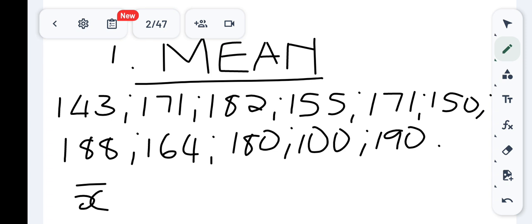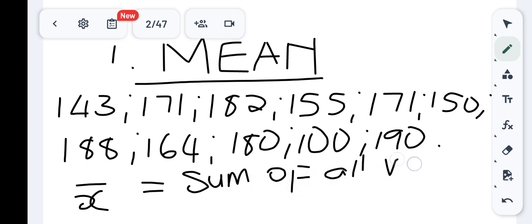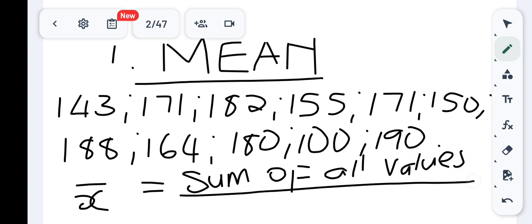So we add the numbers, then divide by the number of values. So mean is equal to the sum of all values divided by the number of values. This is how we calculate average mean for ungrouped data.